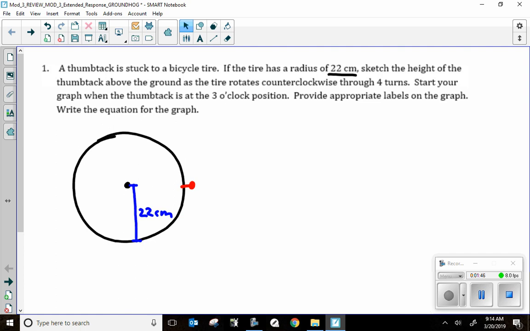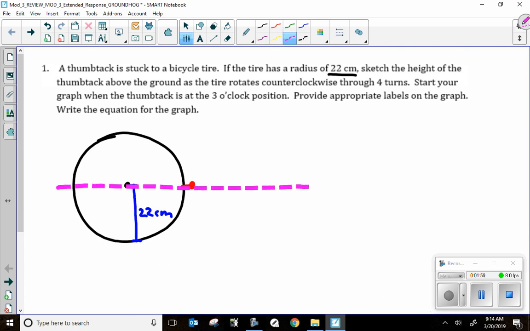Now, they want us to sketch a graph of what this looks like. If I am starting here, here's the midline. That's the middle of the tire. I'm just going to extend this out, and I want to do a graph. The ground would be right here, the pavement.